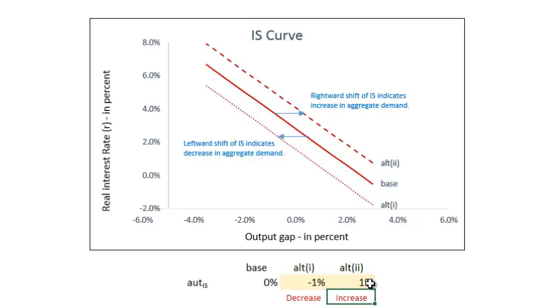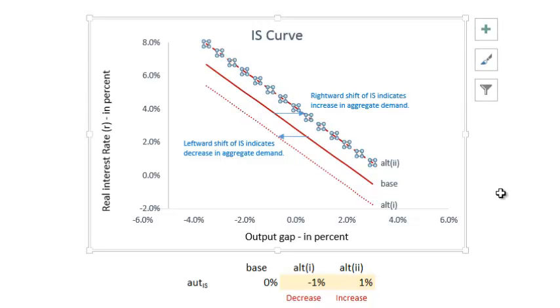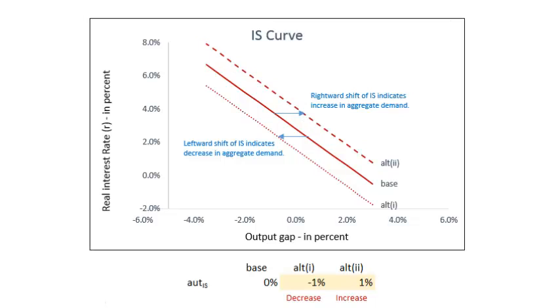In that case, the IS curve shifts from this solid red line to this dotted red line. So what have we done here? We've derived the IS curve using the multiplier analysis that you learned in a previous chapter, and then we've also shown why the IS curve might shift. If we have autonomous shocks to aggregate demand, if we have a decrease, we'll have a leftward shift in the IS curve, and if we have an increase, we'll have a rightward shift in the IS curve.